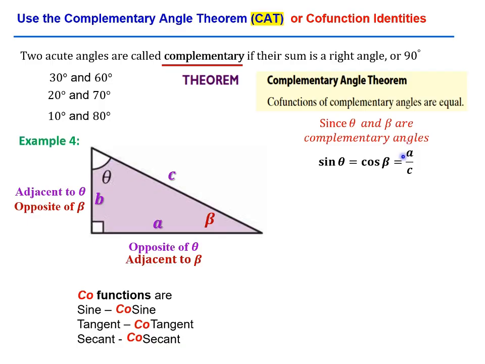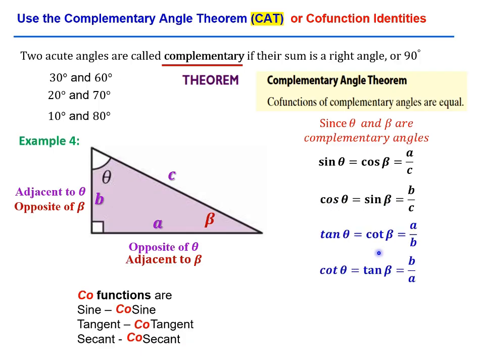And the measure of that is A over C, because sine theta is opposite over hypotenuse, using the definition of the trigonometric function. So what about the other? Cosine theta is equal to sine beta because cosine and sine are cofunctions and theta and beta are complementary. If sine theta is equal to cosine beta, then cosine theta is equal to sine beta.